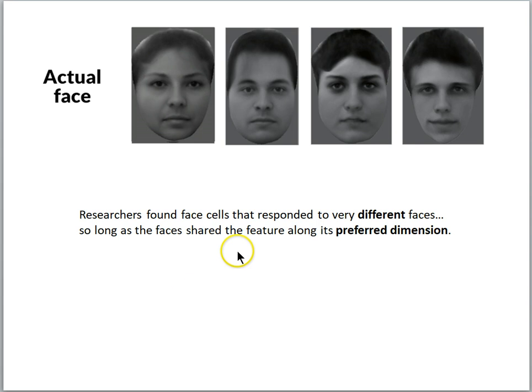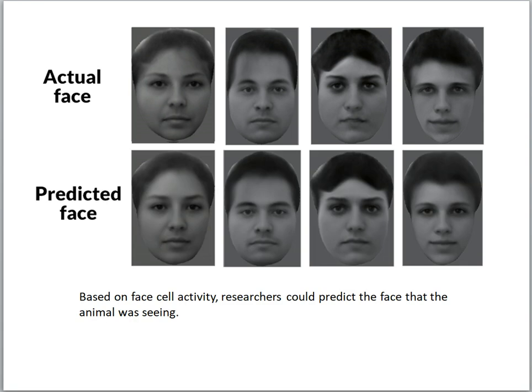What the researchers found was that some of these face cells responded to very different faces, so long as the faces shared the feature along its preferred dimension. Let's pretend these 4 very different looking faces all had the same distance between the eyes. Then what they were finding was some of these face cells were responding equally to these very different faces. So that does not support the sparse coding view.